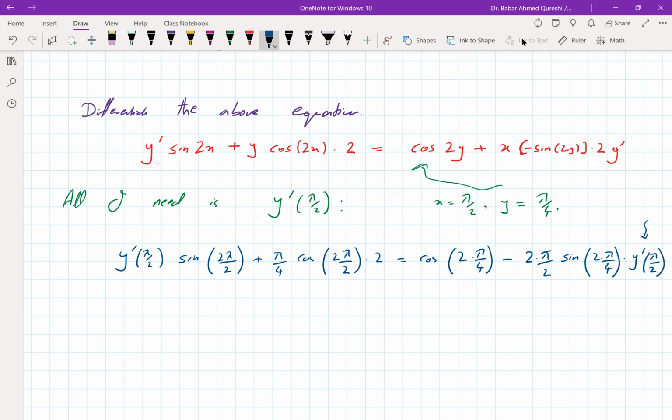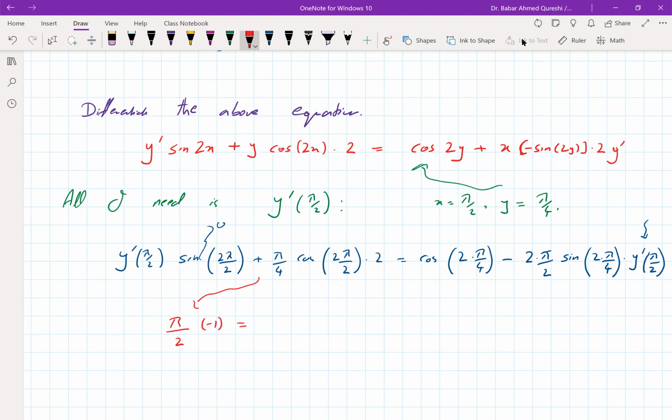This is what we need. Over here, I have a sine of pi, so this goes to 0. This one gives me pi by 2 and a cosine of pi, which is minus 1.